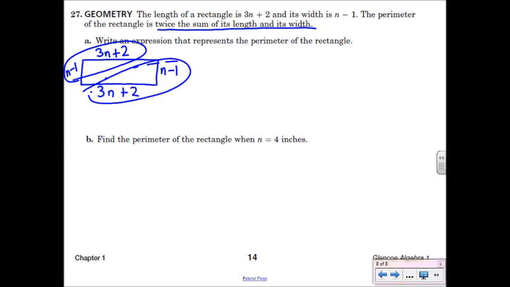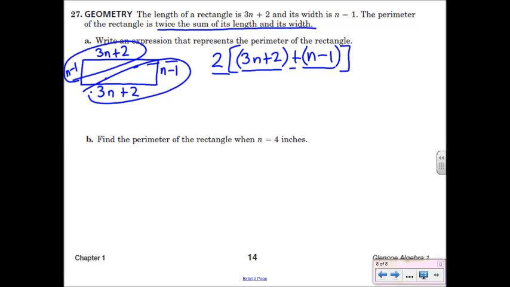So what they're saying is, if I add its length and its width, and then I multiply it by 2, that's going to give me the perimeter. So the expression that represents perimeter is its length plus its width, times 2.